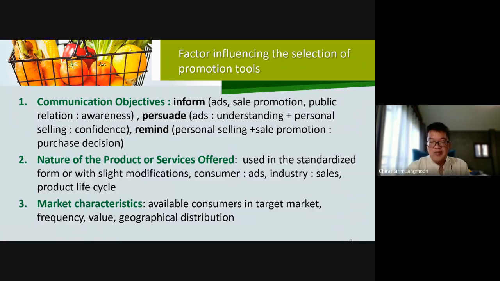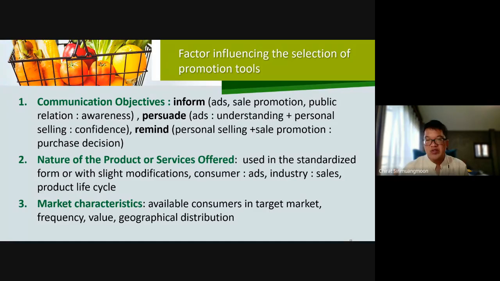Second one, nature of the product and service that is offered. The products or services offered can be very diverse. Some products are standardized because they are produced in the same form, but some differ in the details. In this case, you need to think about the target consumers: do they need the same products or not?